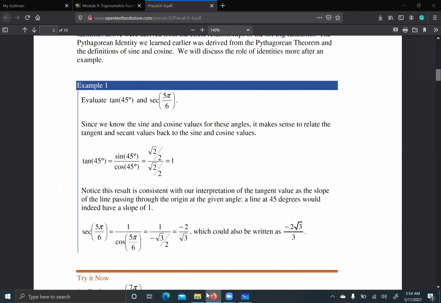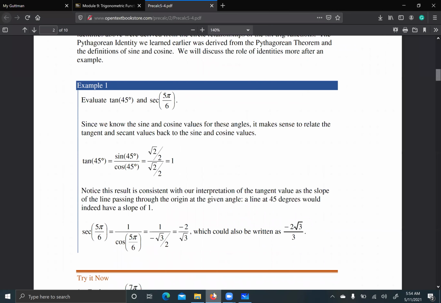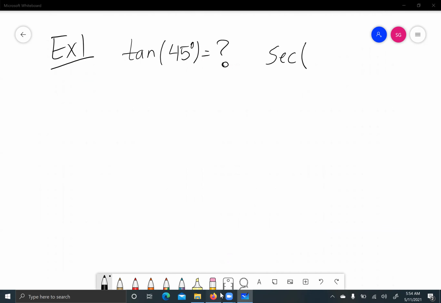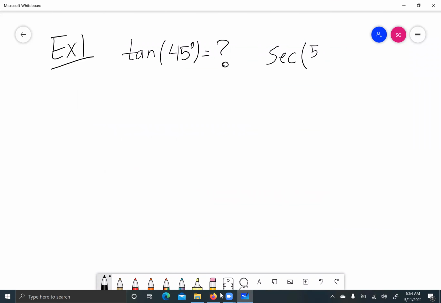It says find the tangent of 45 degrees. That's simple. And then it says find the secant of 5 pi over 6.